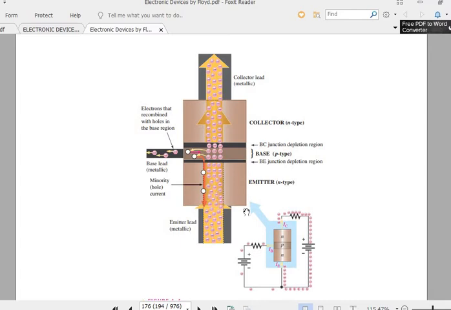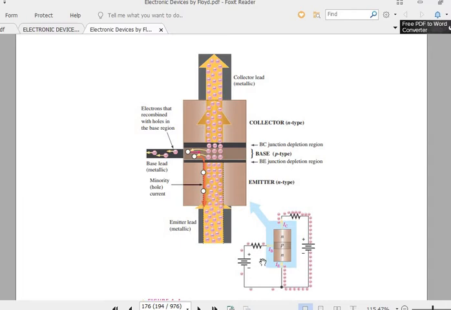For example, this transistor is the NPN type. The base is connected with the power supply and the collector is also connected with the power supply.